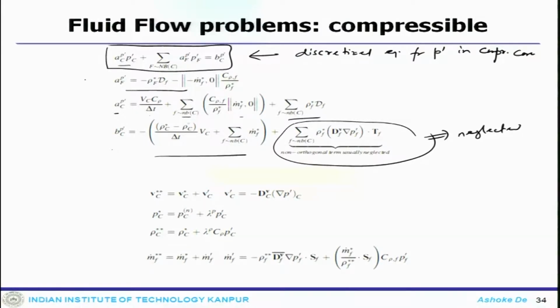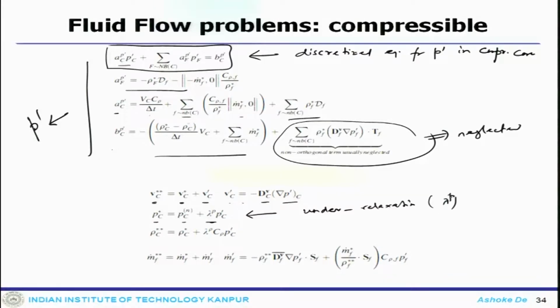Once you get P prime from this, then Vc star star equals Vc star plus Vc prime, where Vc prime equals minus dCV delta P prime C, and Pc star is Pc n and lambda. So, here you use some sort of under relaxation and the factor is lambda p.